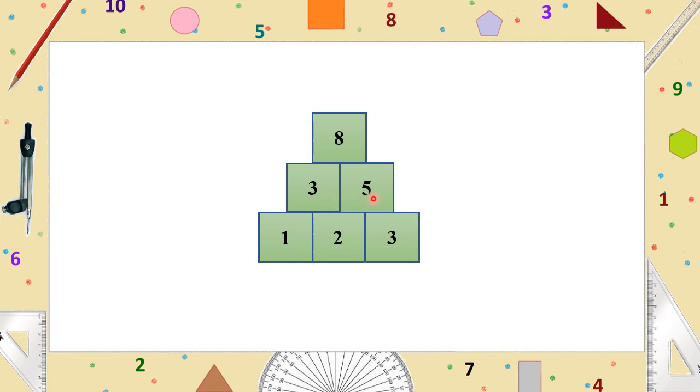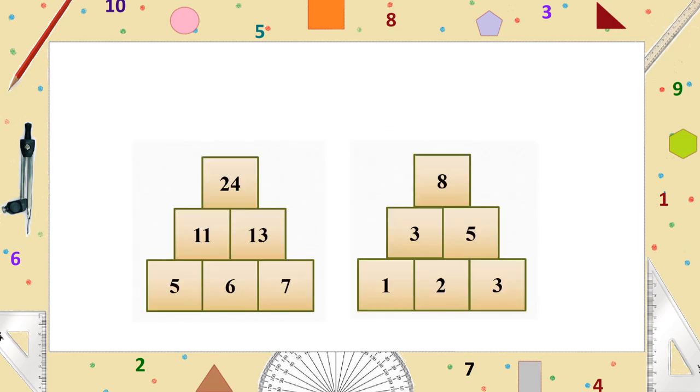And 3 plus 5 is 8. Right? Okay. From these two pyramids, we found a relationship: the sum of adjacent numbers is given on its top.